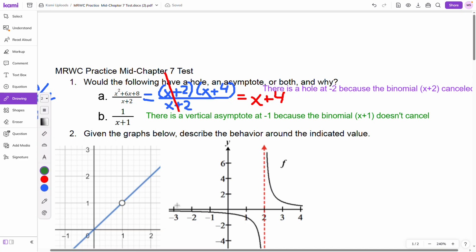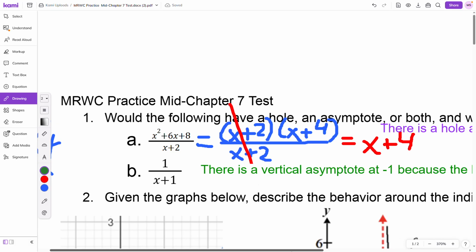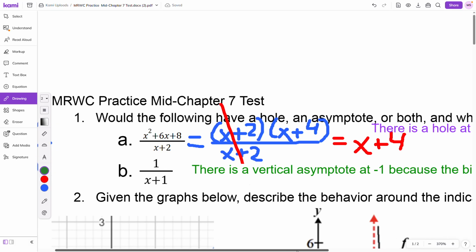Do you see an x plus 1 up top? So what made the hole? Why is there a hole at A and not at B? Does it cancel? Yeah, see the x plus 2 here canceling? That's why it's a hole. But this one doesn't cancel. That's why there's not a hole. Thank you. All right.